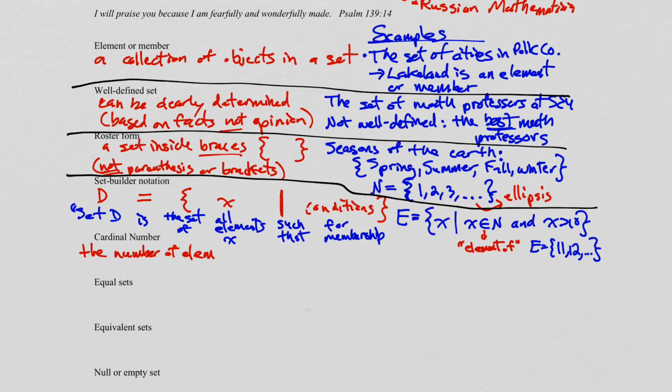The number of elements in a set is something you're just going to count, and it's symbolized by the letter n in parentheses, with the set, say set A. So let's say set A is 1, 2, 3, 4. Then the number of elements in this set, there are 4 numbers in there, so that would be 4.